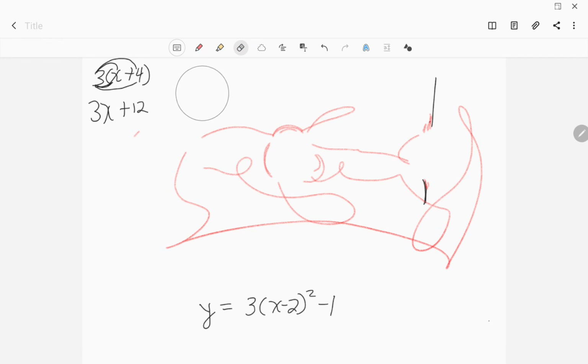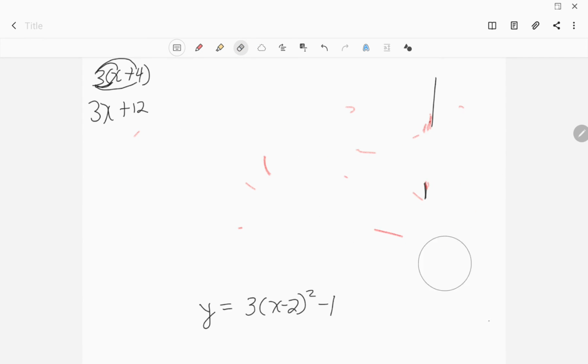Rabbit trail. Okay, so if they asked me to draw this, which they did, just a sketch though, I'll go down here. My vertex would be 2 and negative 1. So to the right 2, down 1.